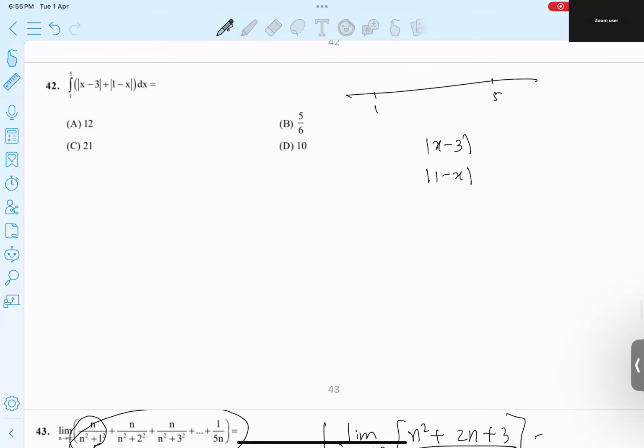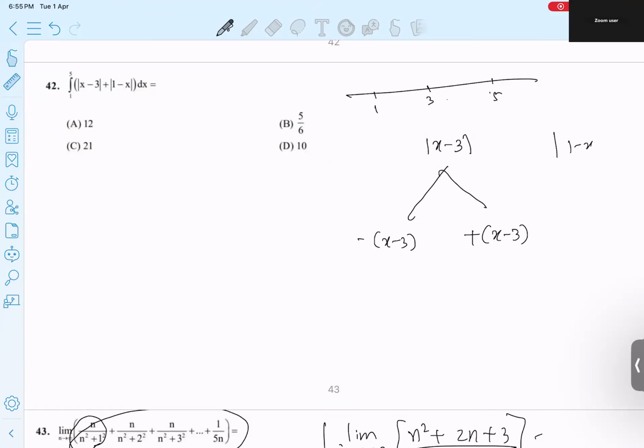X minus 3 can be split at x is equal to 3. From 1 to 3, we'll get negative of x minus 3. From 3 to 5, we'll get positive of x minus 3.